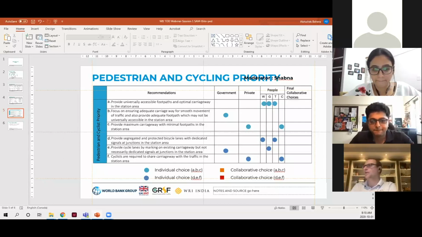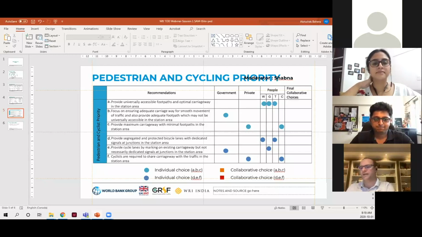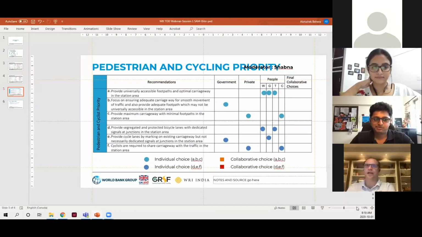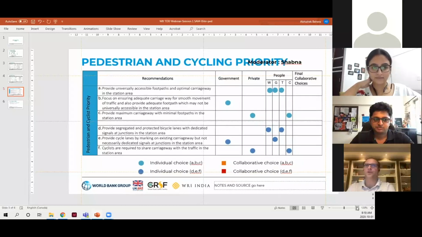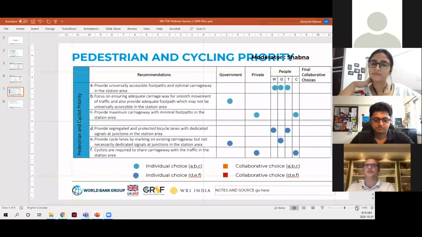I've listened to everybody speaking. I can see that there is a fairly strong call for the accessible footpath for many. And ultimately, when you think of it, we all end up walking at one point of our journey. So I think we all benefit from having an accessible footpath and a carriageway that works for everybody.